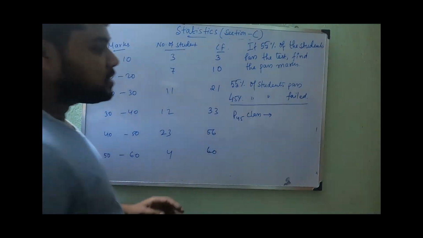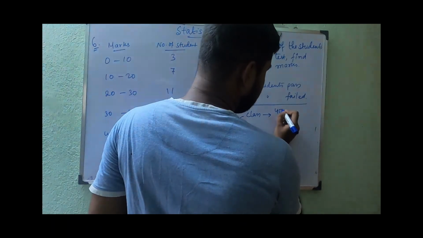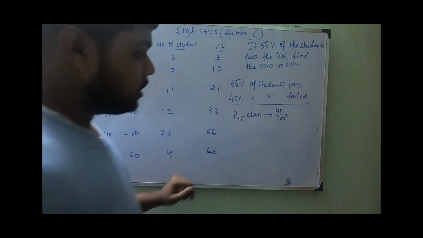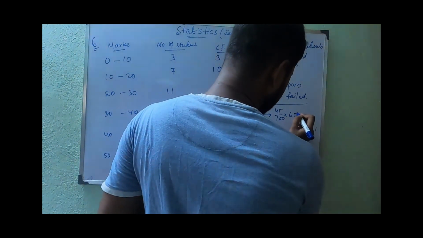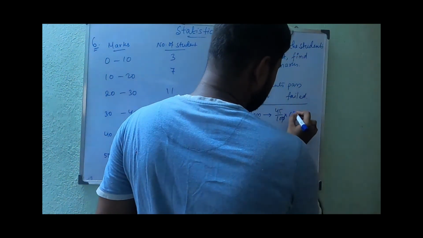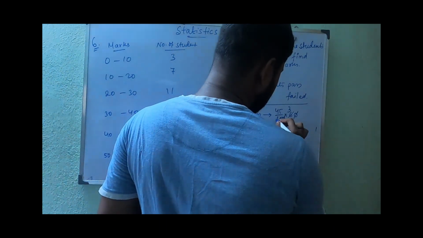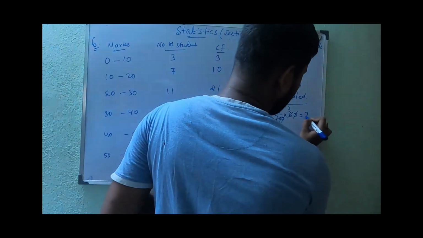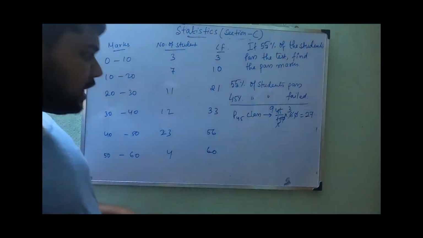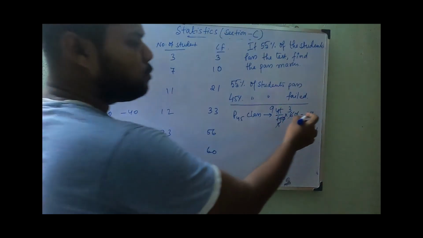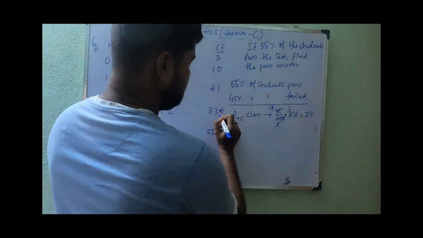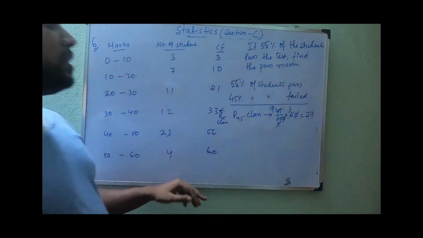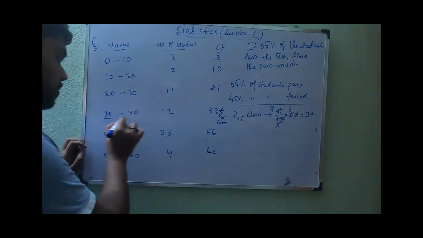The P45 class means 45 by 100 into the total number. Total number is 60. So this cancels, this cancels. This is 3, this is 5. So this is 27. Any class containing this cumulative frequency is your P45 class, this class.